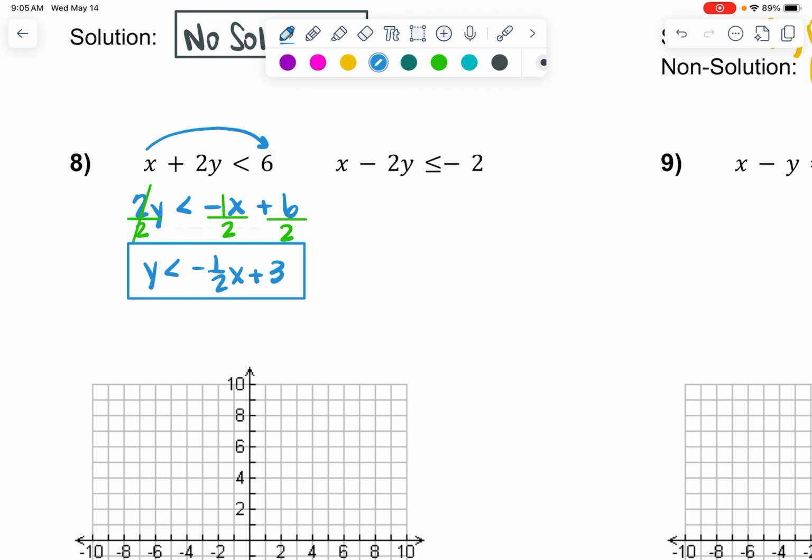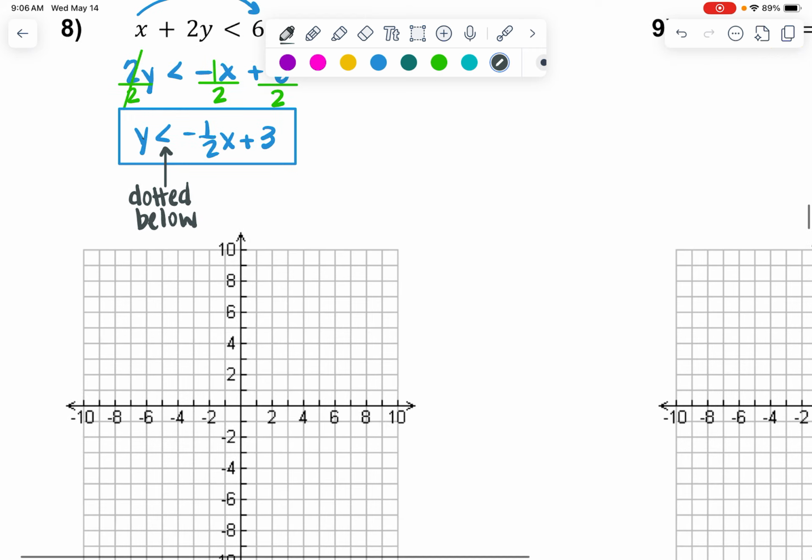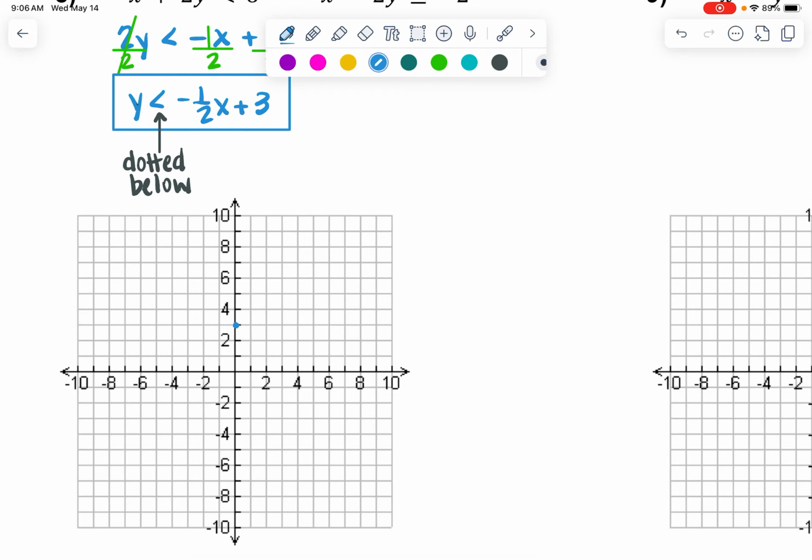Right, I'm going to kind of do the same thing we did a second ago. I'm going to kind of analyze my symbol first. It's a less than, which means it's a dotted or dashed line. And it's a less than, which means we're going to shade below. Okay, all right, let's graph it. There we go. So +3 and a slope of -1/2.